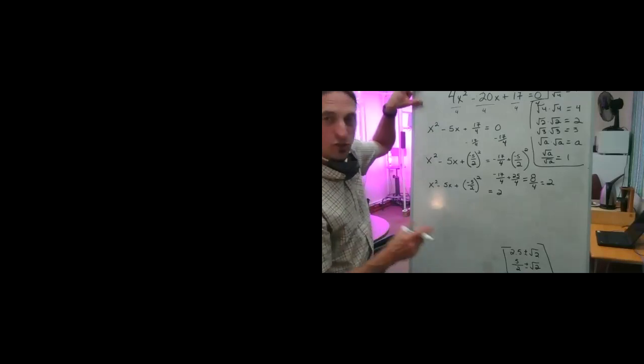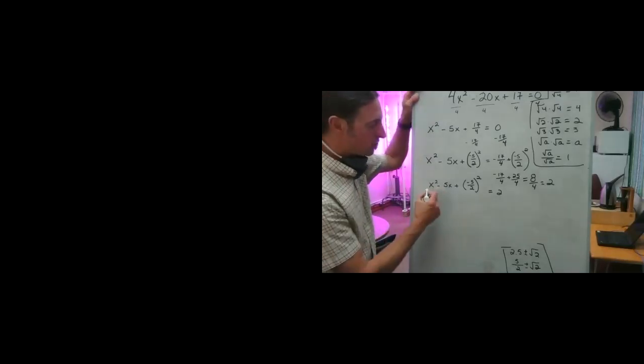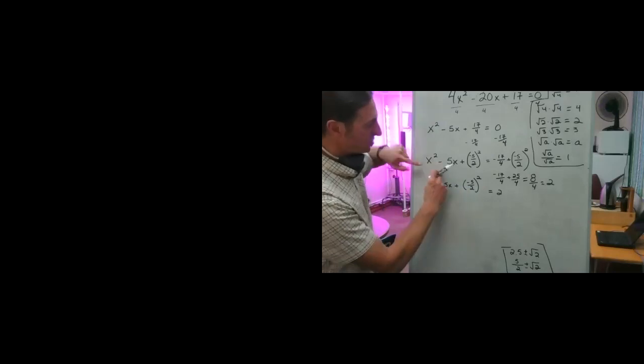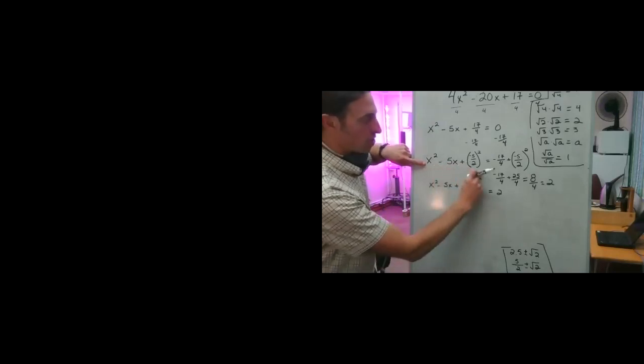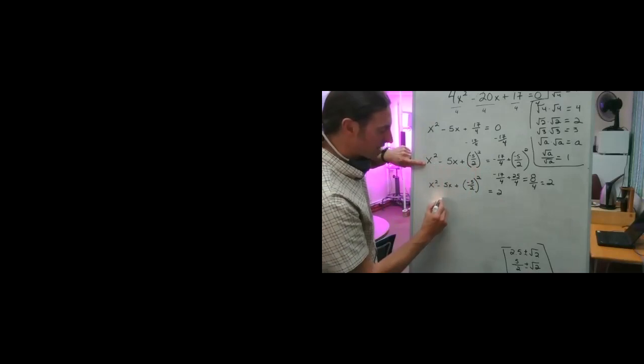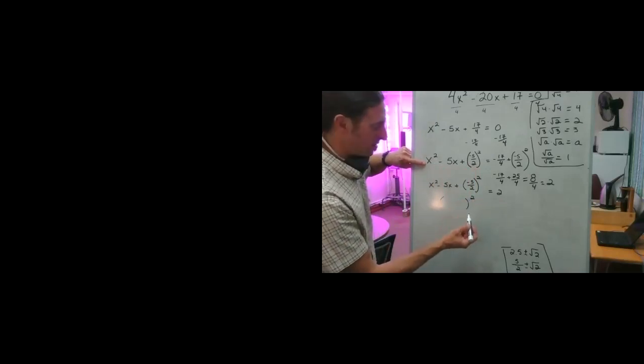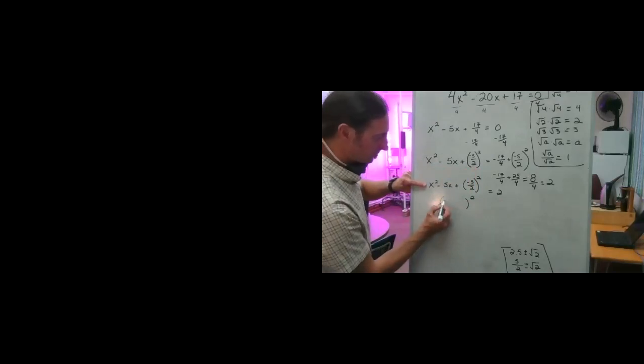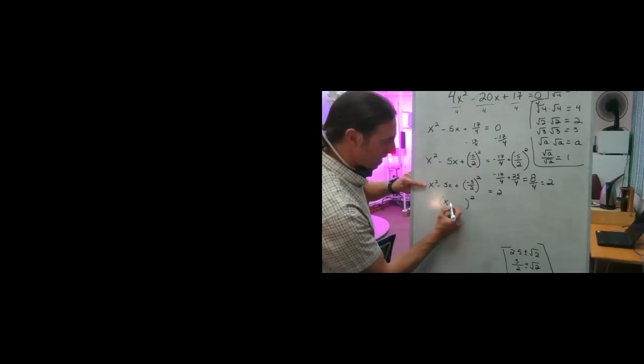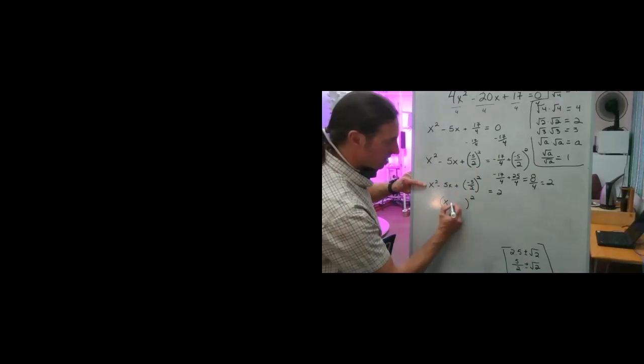You're going to factor it. So the whole reason you complete the square is we've just turned this thing here into a perfect square trinomial, so we can factor it. It's the product of something squared. In this case, it's going to be x and this part right here.